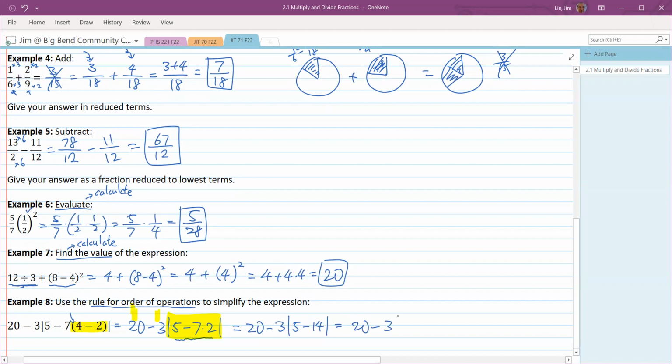So inside the region, 5 minus 14 gives you -9. The absolute value of -9 is what? That would be positive 9, right? So we have 20 minus 3 times 9. So you have 20 minus 27, and the final answer would be -7. Problem solved.